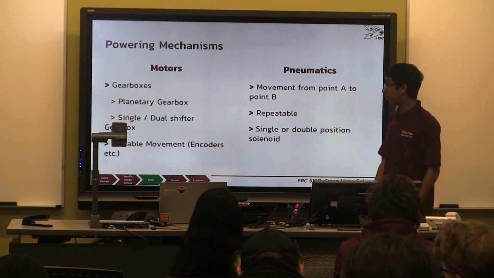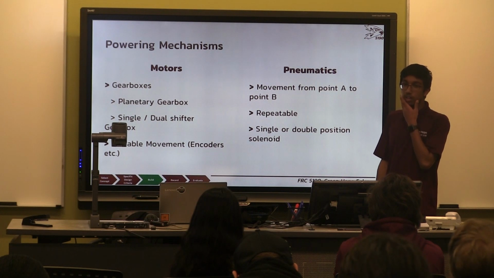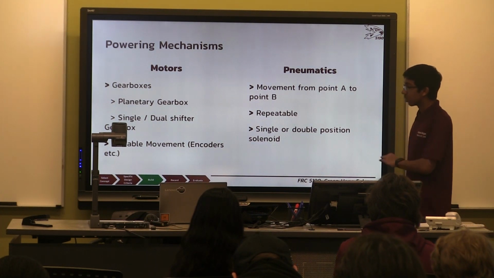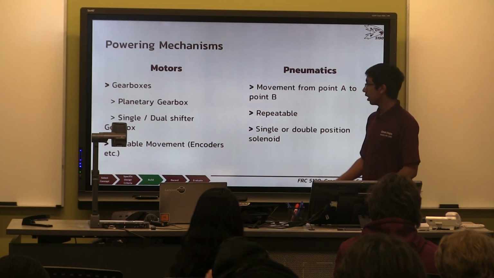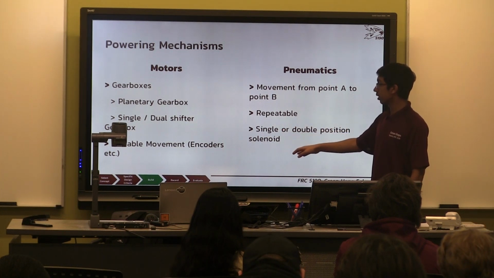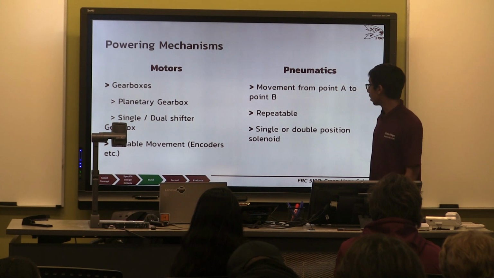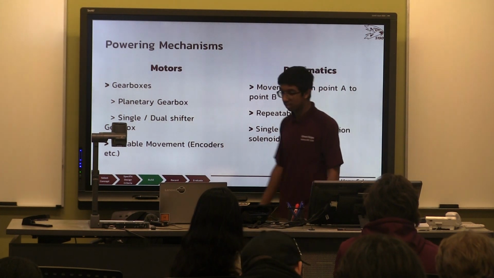One thing with planetary gearboxes I forgot to mention is don't use the 10-to-1 stages because they wear out very easily. Use 9-to-1 or 7-to-1, but don't use the 10-to-1s. With motors, you also want to make sure you have encoders on there so that you can measure how much the motor is rotating. And with pneumatics, you just have to wire up the pneumatic system.